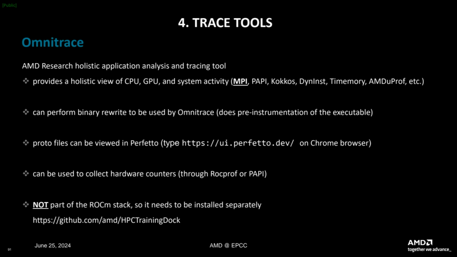And we also have holistic tools such as Omnitrace that are available to you. And Omnitrace is the go-to tool to actually track MPI activity that's not tracked with just ROCprof. This comes out of AMD research, so it's not in the ROCm stack and needs to be installed accordingly, separately.